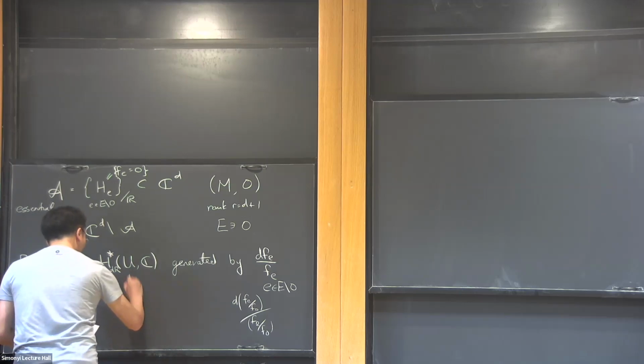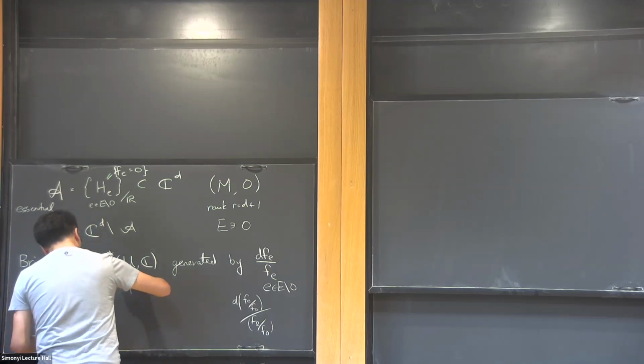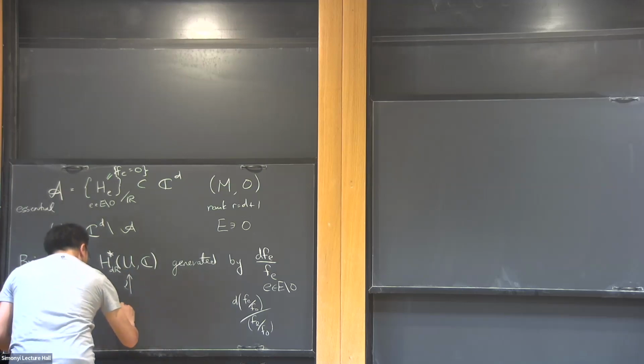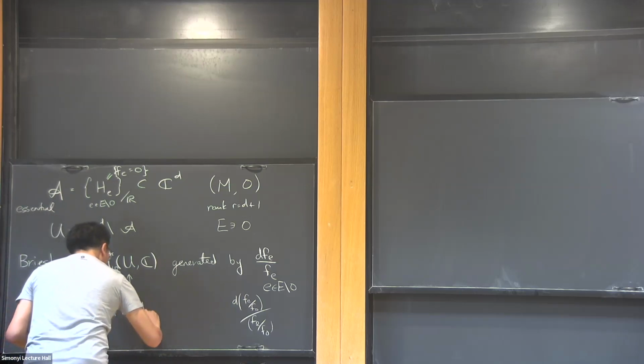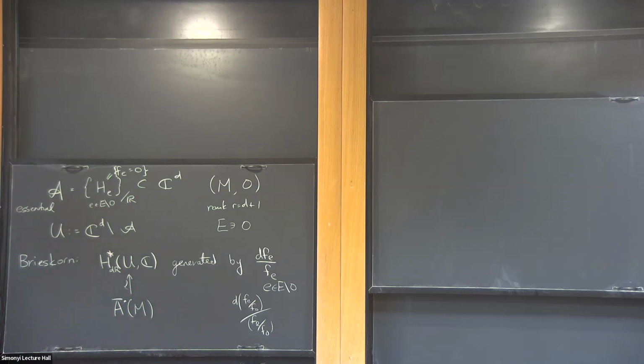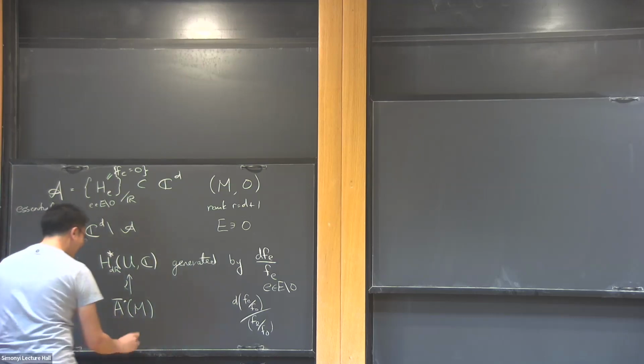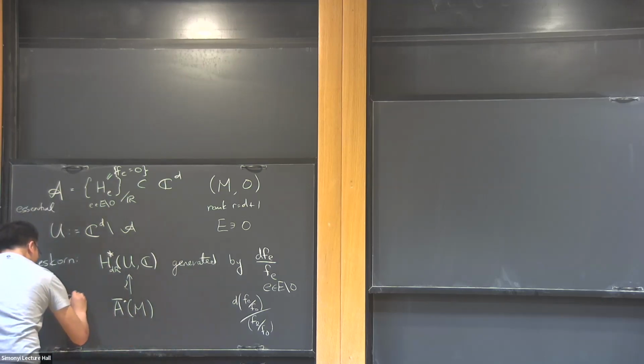I'm going to write the Orlik-Solomon algebra, and it only depends on the matroid. So I write M here, and this bar here is because there are 2 versions of this. One is for the projective arrangement, and one is for the central arrangement, and this is the one for the reduced Orlik-Solomon algebra.